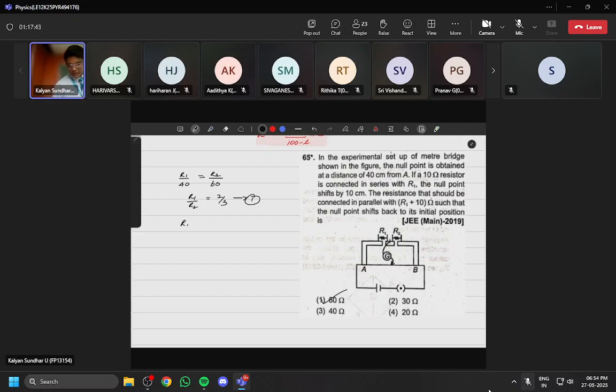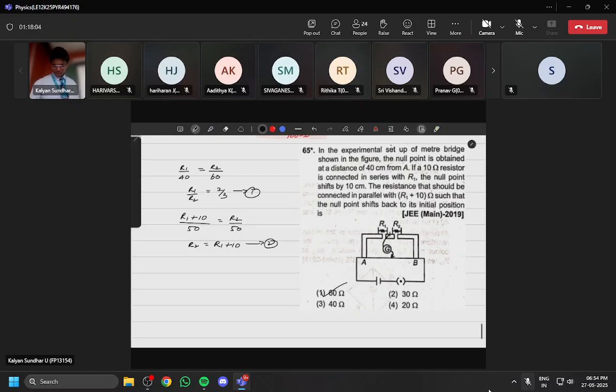When connected in series, R1 plus 10 shifts from 40 to 50, which will also be equal to R2 by 50. So therefore your R2 will be equal to R1 plus 10. Let this be your second equation. Right, sir?